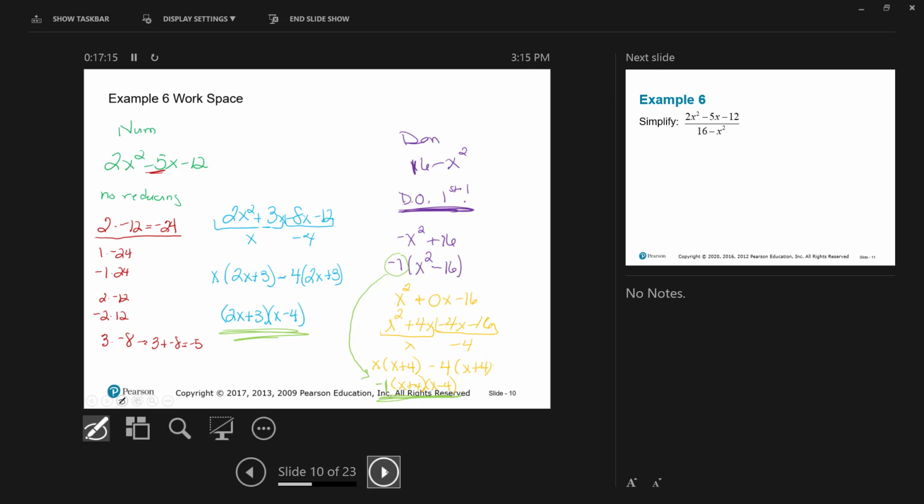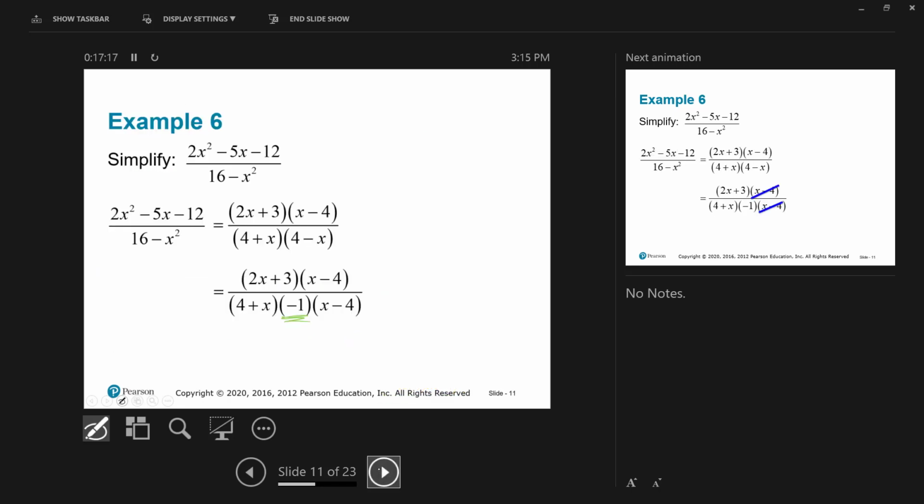X plus 4 and x minus 4. So, I notice things are in common. We're going to cancel things that are in common. Because basically that's a 1 and that's a 1. Which leaves me with 2x plus 3 over x plus 4 with this negative down here.